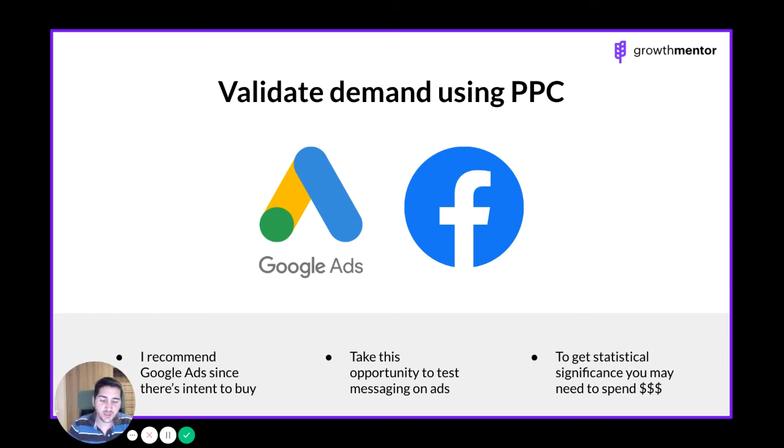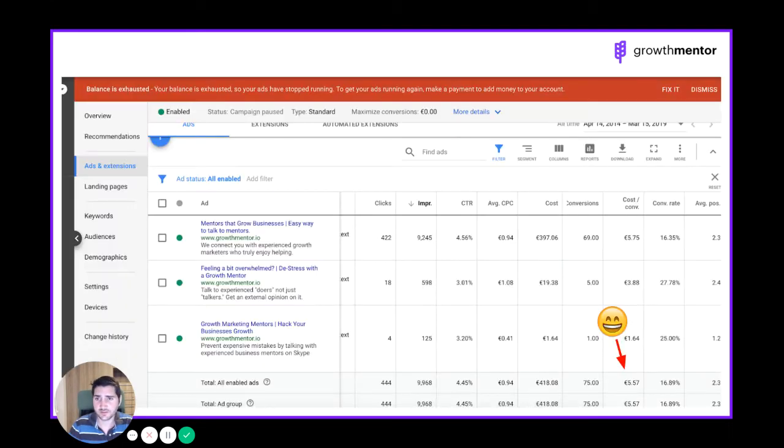So keep in mind though that it does take some time to get results. So leave 1 to 2 weeks as a bare minimum to get any sort of statistical significance, unless you have a higher budget. Generally, the more money you splash on PPC, the less time it takes to get those results.